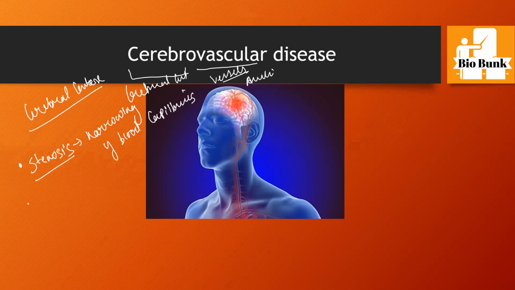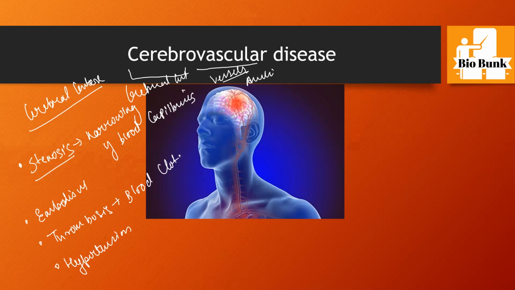Another one is embolism, and thrombosis, which is a blood clot. Or even in case of hypertensive disorder, when there is hypertension, a high blood pressure, or even in case of hypercholesteremia.